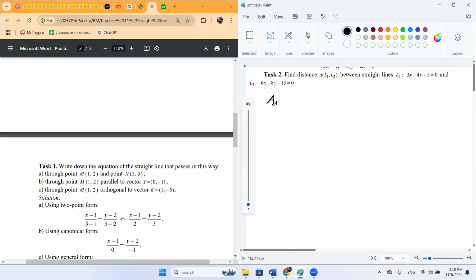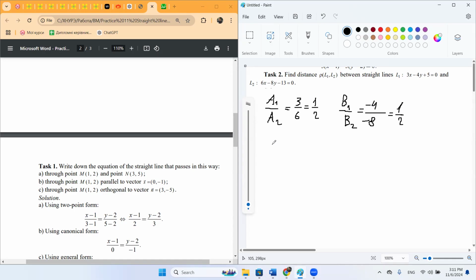So A1 by A2 equals 3 by 6, 1 second. Then B1 by B2 equals -4 by -8. So 1 second.